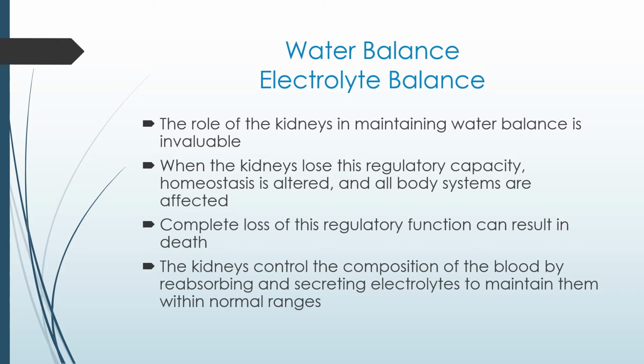So complete loss of this regulatory function can result in death because the body can no longer compensate. And if the body cannot compensate, and if we are not aware, and if we cannot intervene, then our client will pass on. So the kidneys control the composition of the blood by reabsorbing and secreting electrolytes to maintain them within normal ranges.